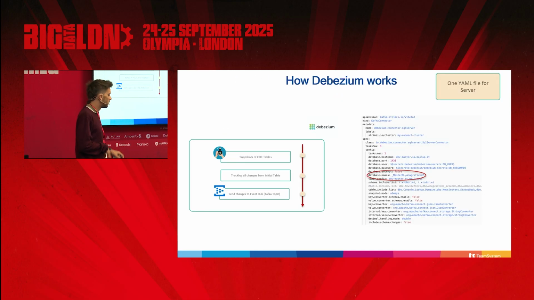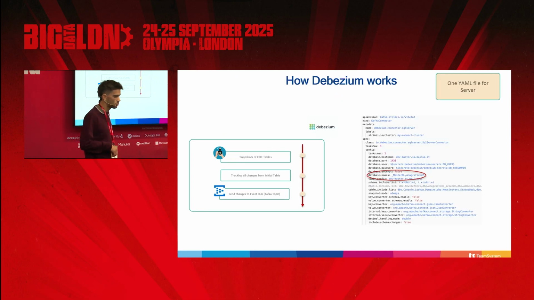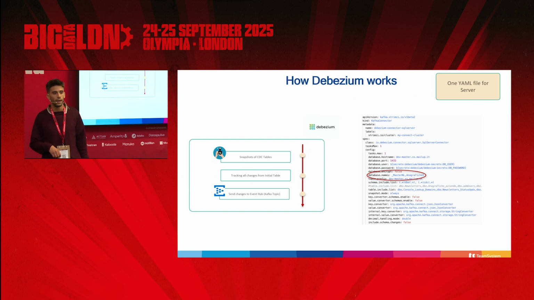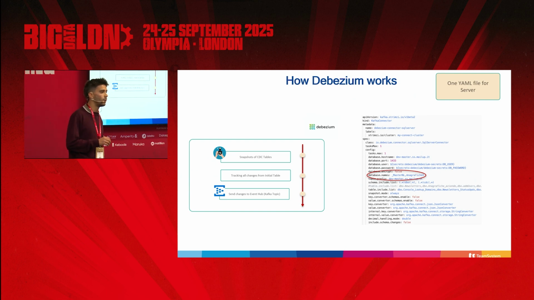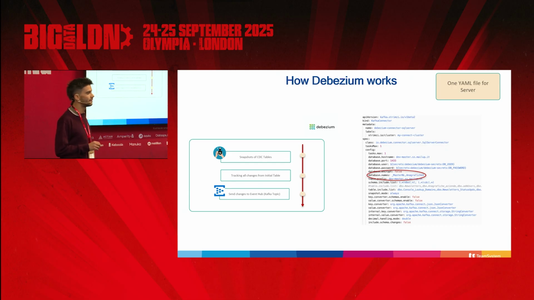The second tool that I want to introduce here is Debezium. Debezium is really, really powerful when you use it with change data capture. Indeed, in SQL Server, you need to have change data capture active on the database that you want to track.